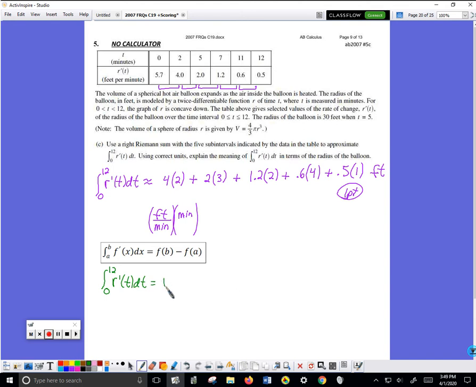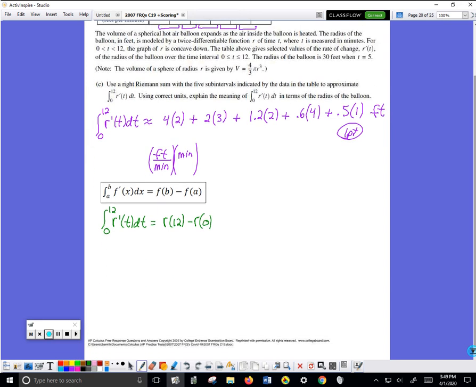Therefore, this will equal R of 12 subtract R of 0. So what does that mean? This is what you should write on your paper. You should say the integral calculates the change in R.